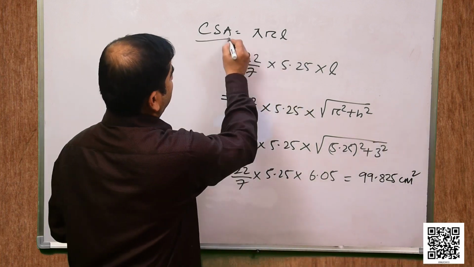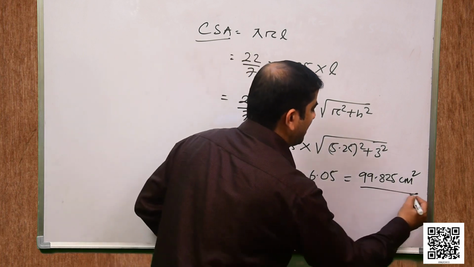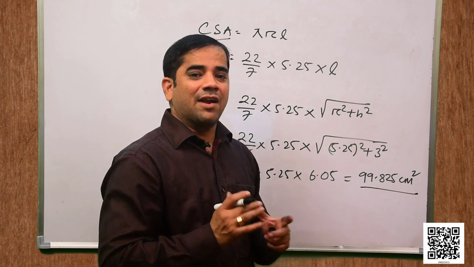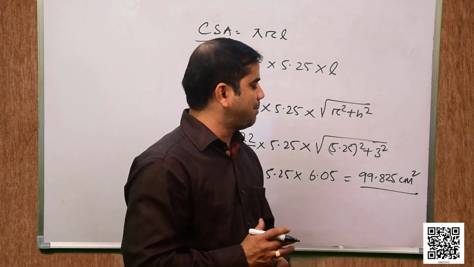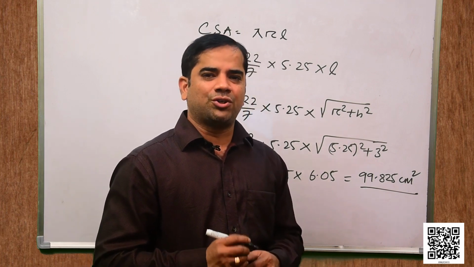So, curved surface area of the particular cone is found to be 99.825 centimeter square. So, the canvas that is required should be of area 99.825 centimeter square. Hope you understand the solution for this question.